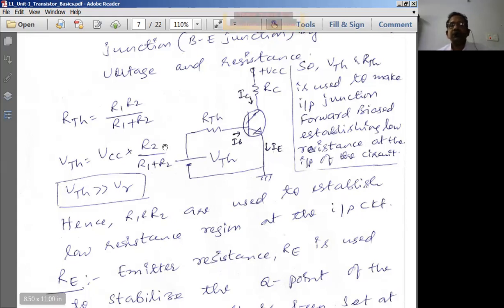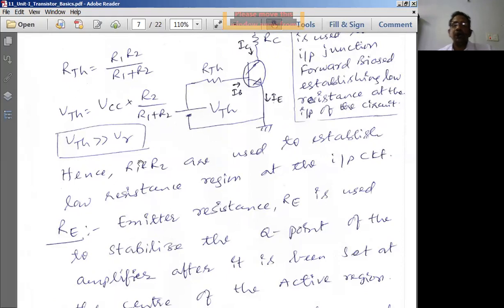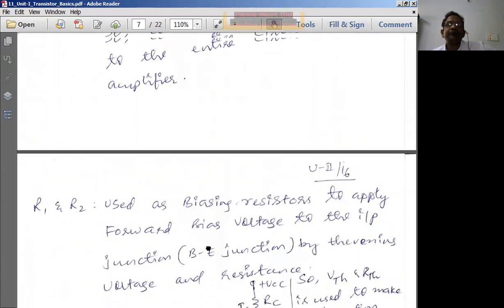So this transistor's input junction becomes forward biased by VThevenin. VThevenin and RThevenin are used to make the input junction forward biased, establishing a low resistance region at the input of the circuit. Hence, R1 and R2 are used to establish the low resistance region at the input circuit. That means in order to forward bias the input junction, we apply R1 and R2.